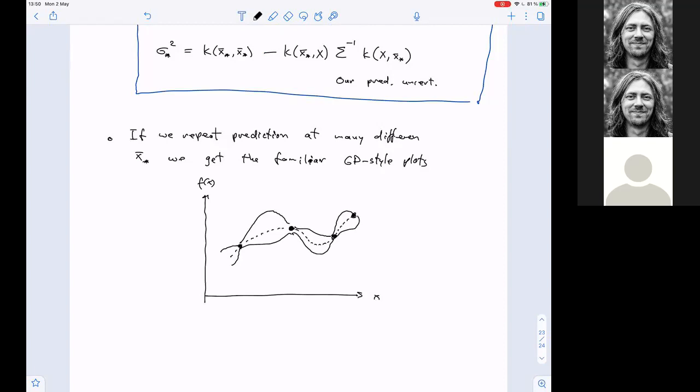Like that. So that's how those plots arise.